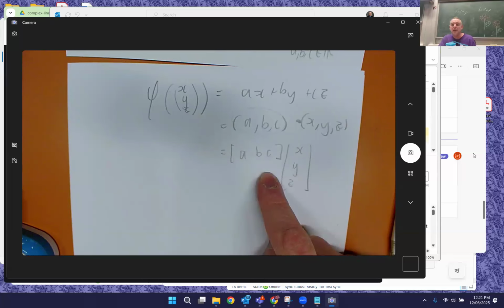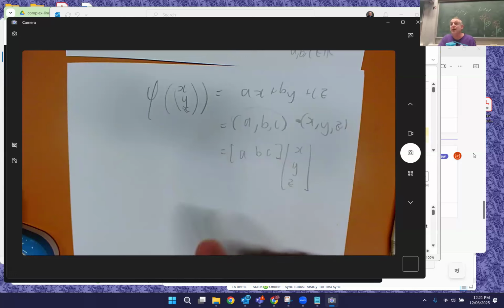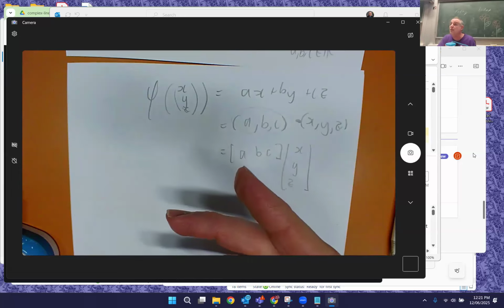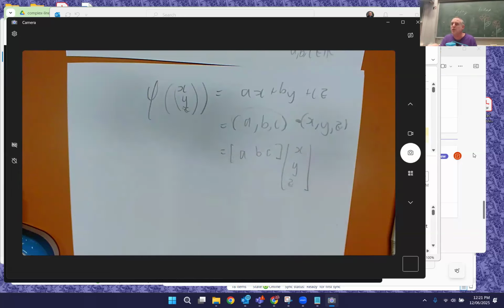Because you know how when you did linear transformations from one vector space to another, you could, if you used a basis, write them using matrices. You get a matrix for the linear transformation relative to a particular basis. We did that in this course, right?